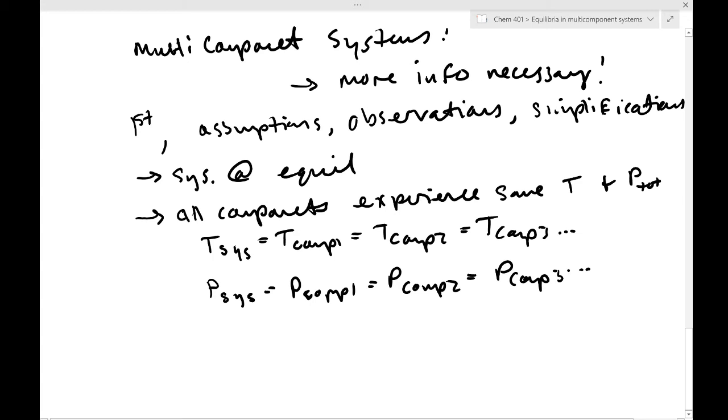I'm saying that the total pressure experienced by the entirety of the system, by all of the pieces within the system, is the same. Not the partial pressures. The total pressure is the same.